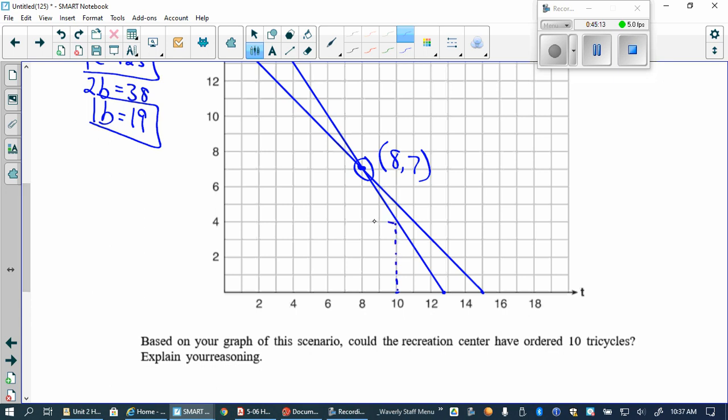See what I'm doing here? It could be 10, comma 4, or 10, comma 5.